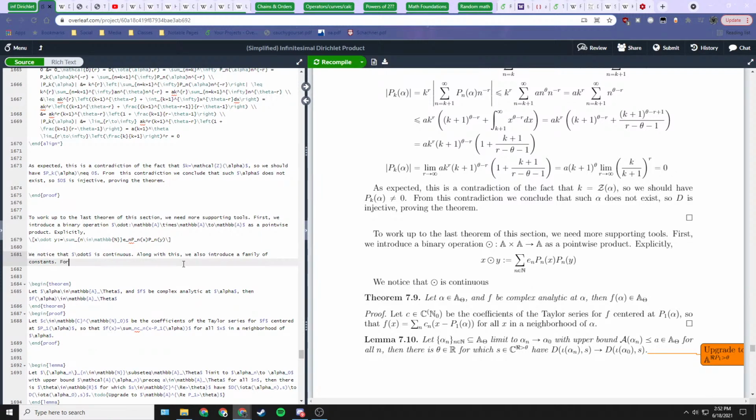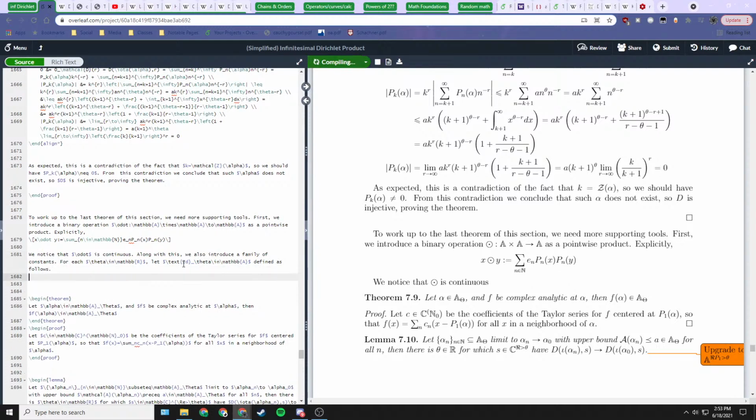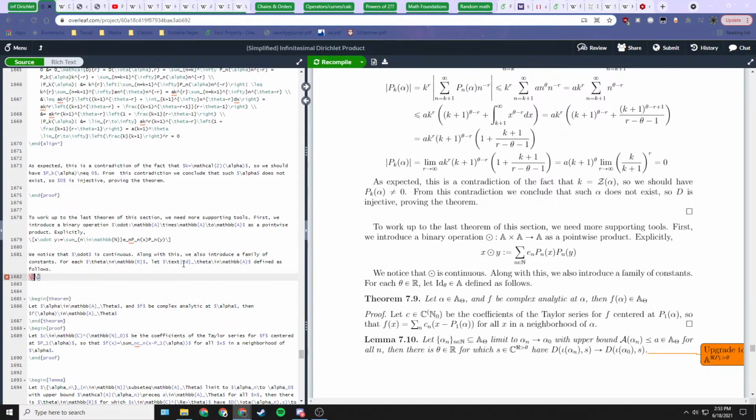For each theta in the reals, let id sub theta, lowercase theta, be in A, defined as follows: id sub theta is defined as equaling the summation, again n in the naturals, of e sub n times n to the power theta.